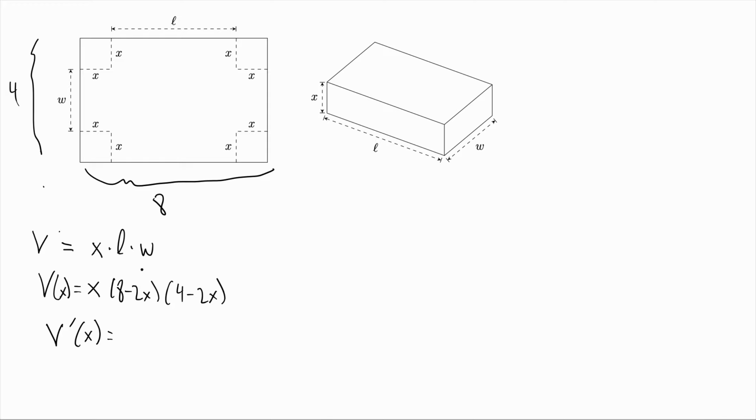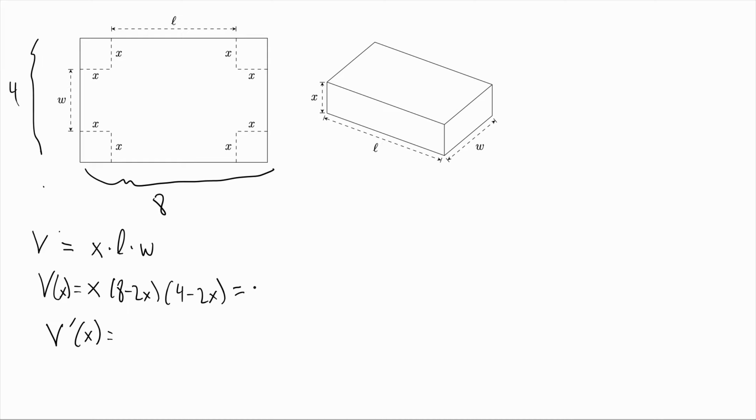I guess we could do product rule one by one, but I think the easiest thing in this particular case is just multiplying it out, because this is just a binomial times a binomial, and then just times x in the end. So let's do that before we take a derivative.